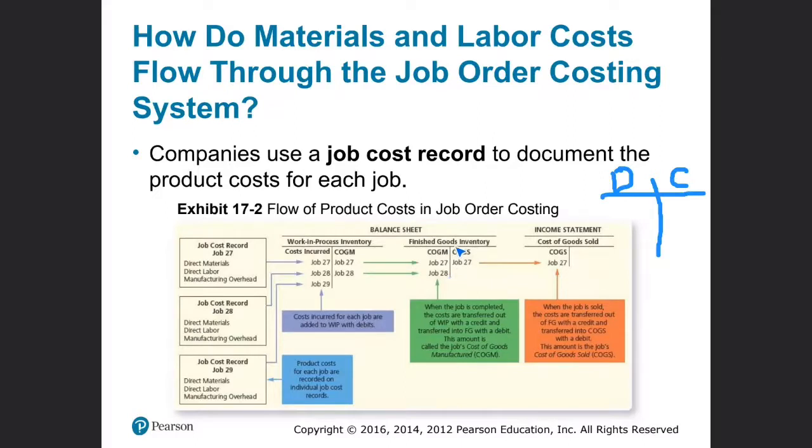So we have finished making the goods. And it says here, when the job is completed, the costs are transferred out of work in process. So we completed the job, we've taken all the costs out of work in process. We took them out with a credit and transferred it into our finished goods account with a debit. And this amount is called the cost of goods manufactured.